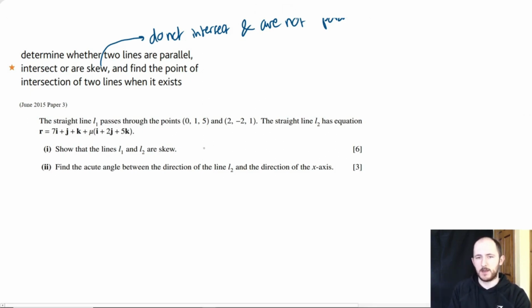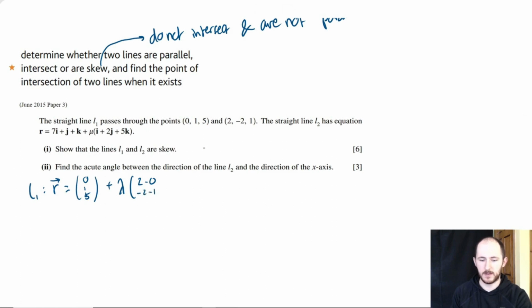For L1, if you remember rightly, we take the first point as a vector, so that's going to be 0, 1, 5. And then the way we work out the parallel vector, which we call lambda, is we subtract them. So we have 2 minus 0, minus 2 minus 1, and 1 minus 5.